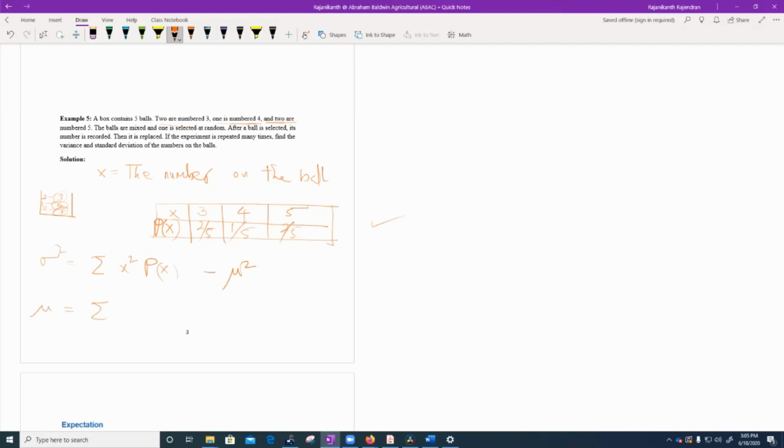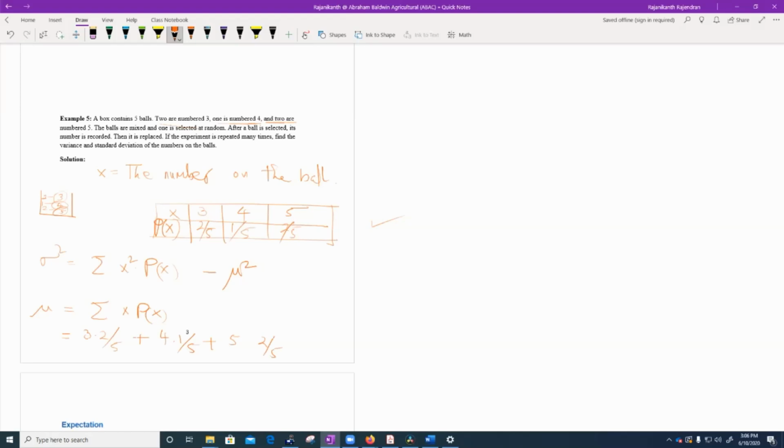Mu is given by the summation of the product of x and p(x). So first x value is 3 times the corresponding probability 2 over 5, plus 4 times the corresponding probability 1 over 5, plus 5 times 2 over 5.